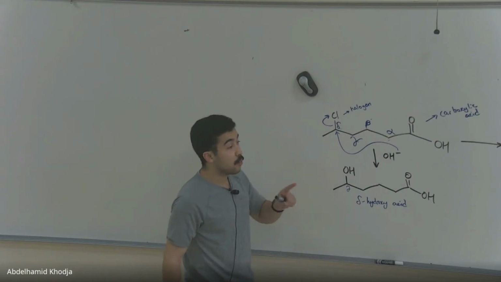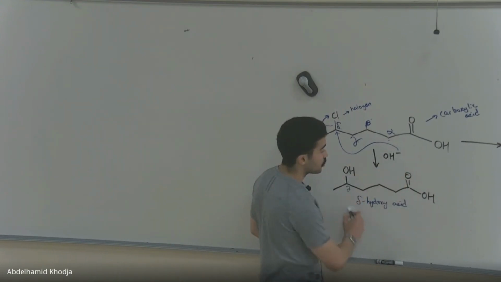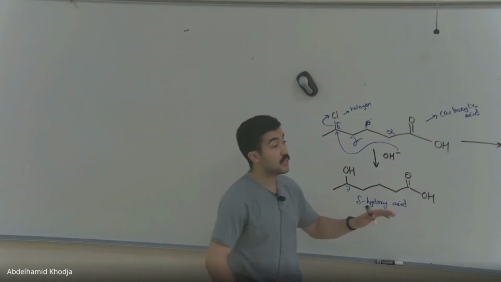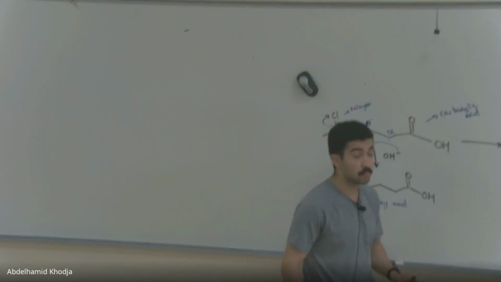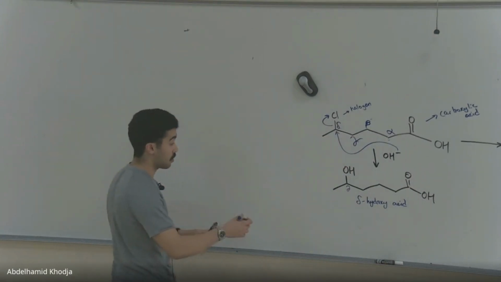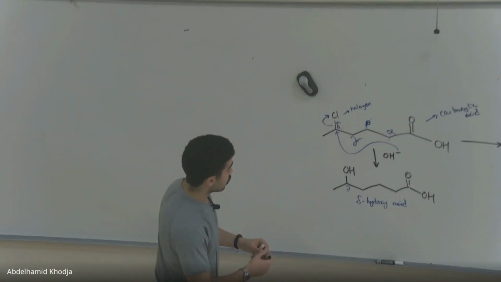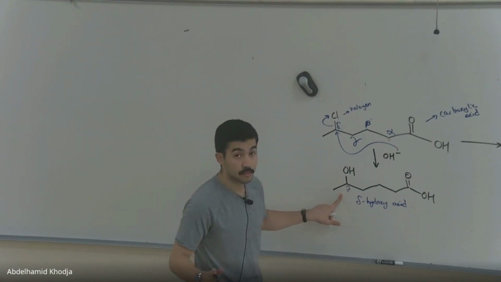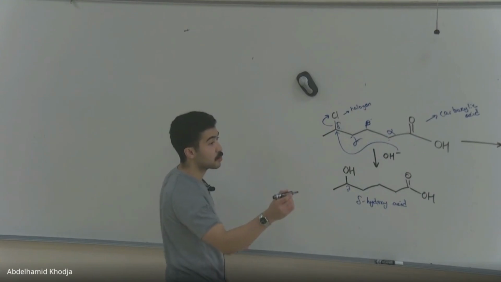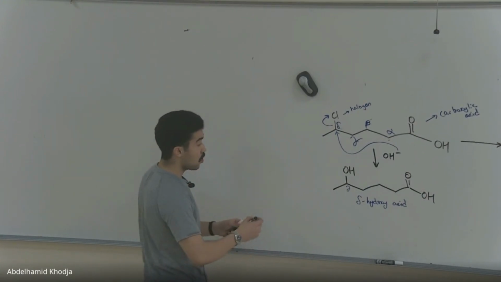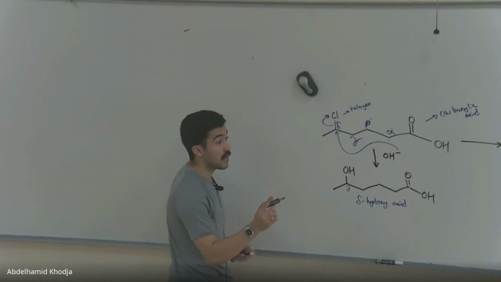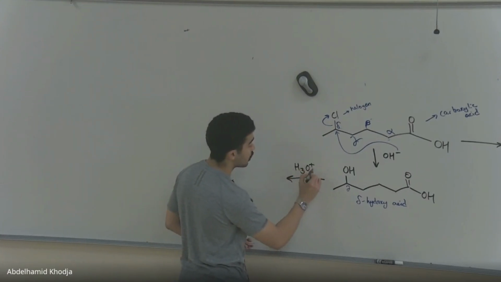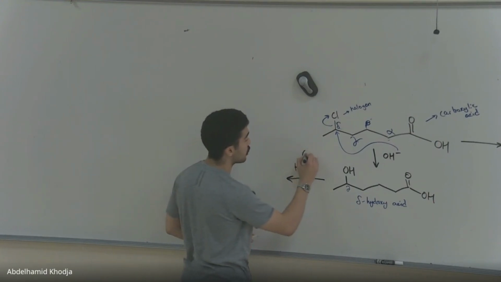The next thing is, what are the steps that are going to take me from this to this? Someone said we're going to need to add an alcohol. Okay, almost there. With this delta hydroxy acid, all we need to do is have this react in the presence of H3O+, or some weak acid HA.